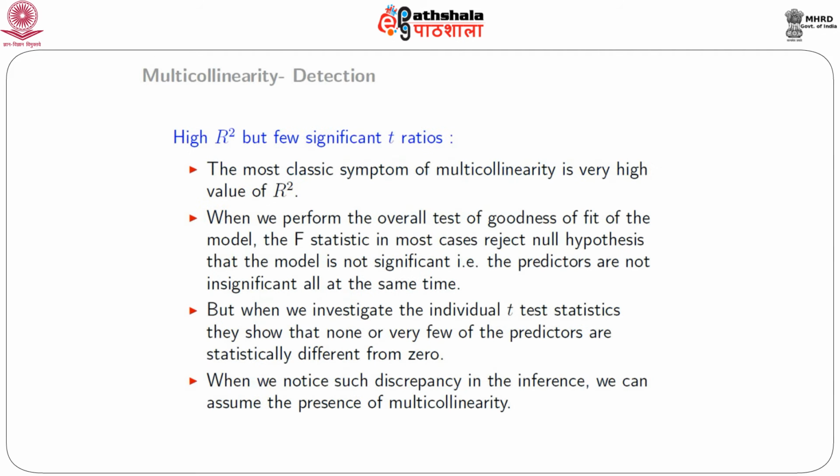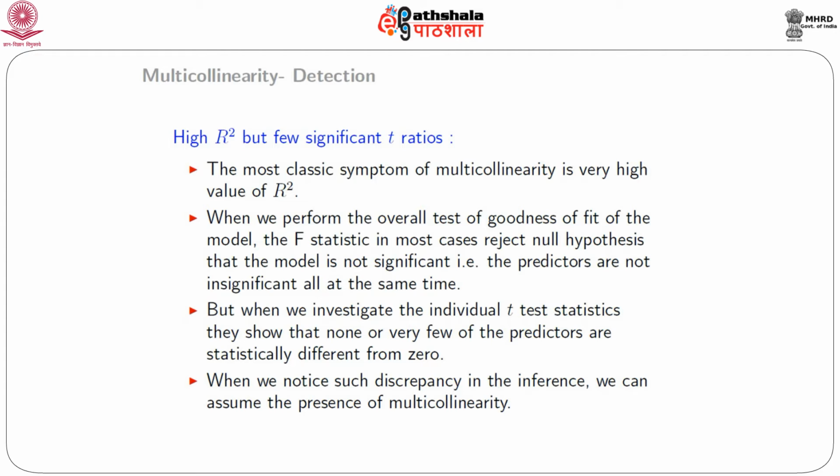So, let us look at the first method of detection, which is high R square but few significant T ratios. The most classical symptom of multicollinearity is that the value of R square is very high when we fit a linear model to a data set which is multicollinear. When we perform the overall goodness of fit test, the F statistic in most cases rejects the null hypothesis that the model is not significant.